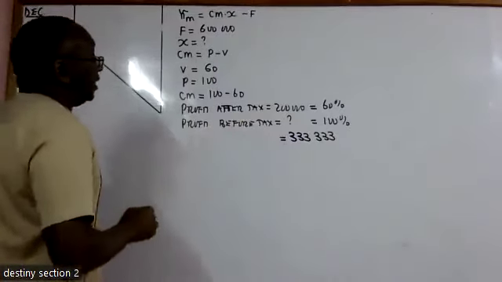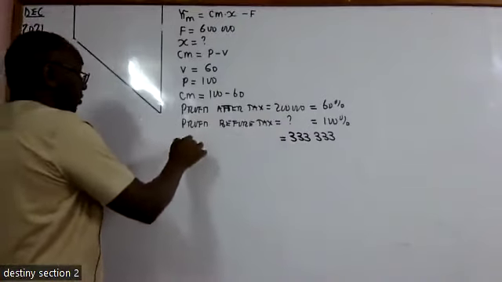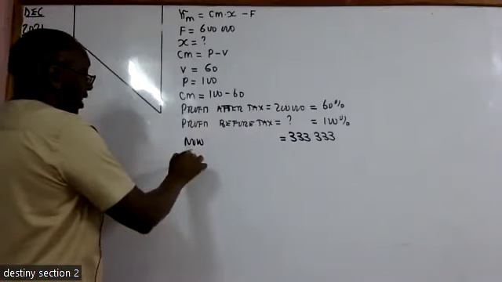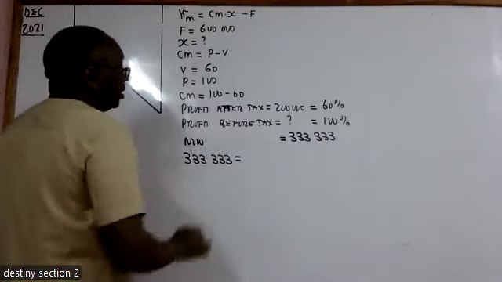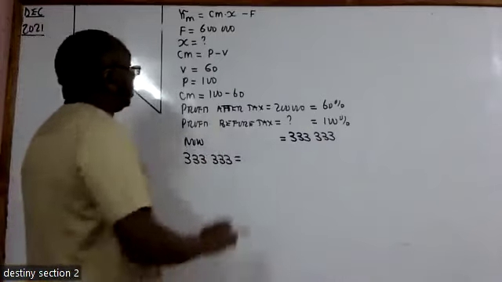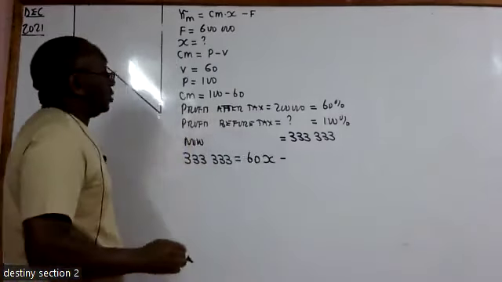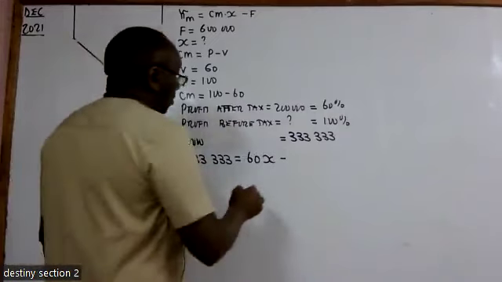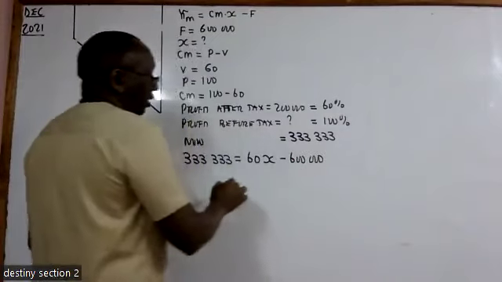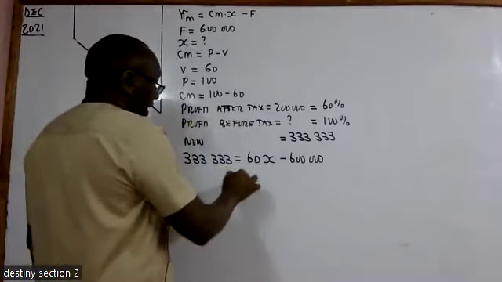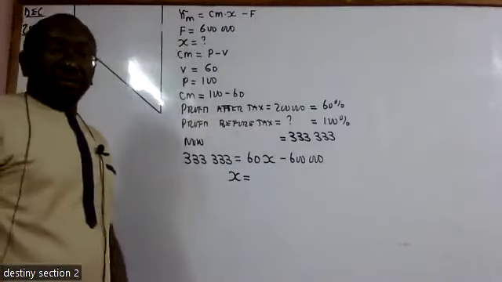So if that is true, then we will come here and say that now these 333,333 should be equal to contribution margin of 60 multiplied by X, which you don't know, minus 600,000, the fixed cost. So from there, tell me what will be the number of units.